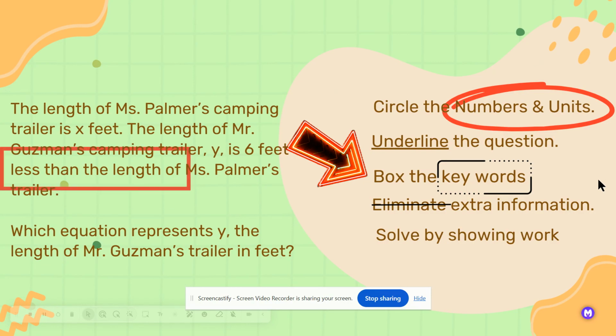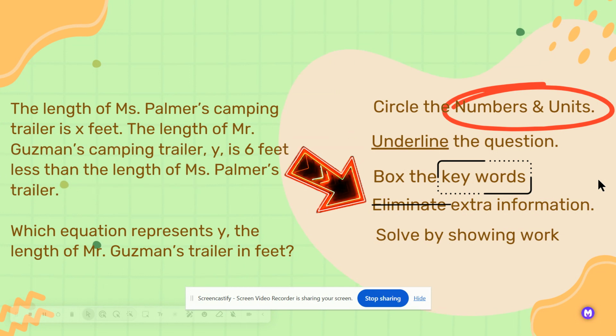Last two, eliminate extra information. Now in this problem, even though it was a lengthy one to have to write down, there isn't a lot of extra information, but just to practice the strategy, I'm going to eliminate one of the words that just is not important. And that word is camping.